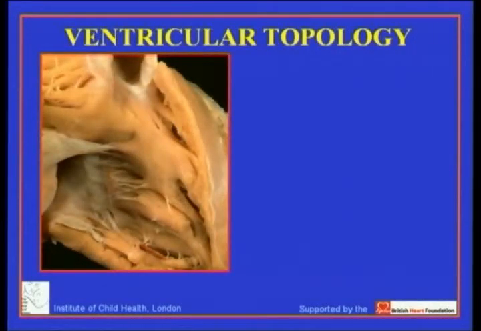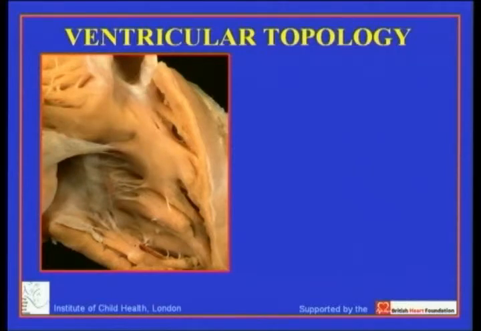We describe ventricular topology according to the way that the palmar surfaces of the hands can be placed upon the septal surface of the morphologically right ventricle, and by convention we take the right ventricle. We could easily have taken the left ventricle, but we didn't.